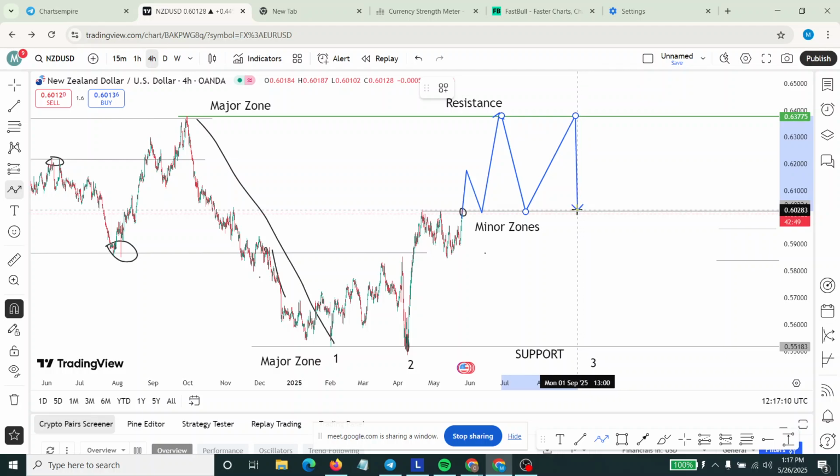And if this minor support was not able to hold this sell we are seeing, we will experience a what? What are we going to experience? If this third touch that is coming down here, if this minor support did not hold, and instead the market breaks through it, what have we just experienced?